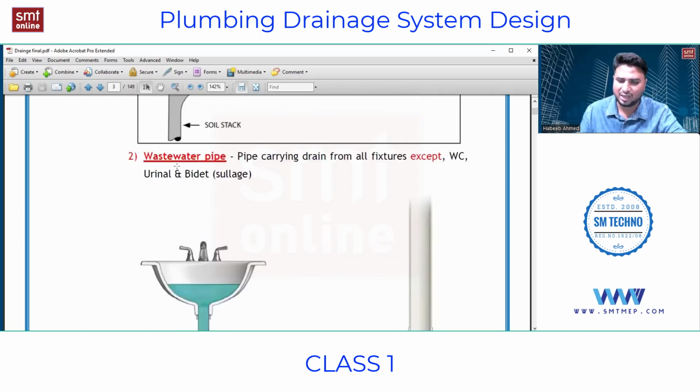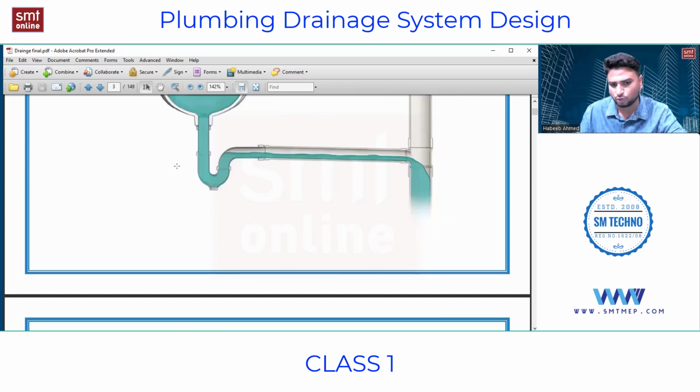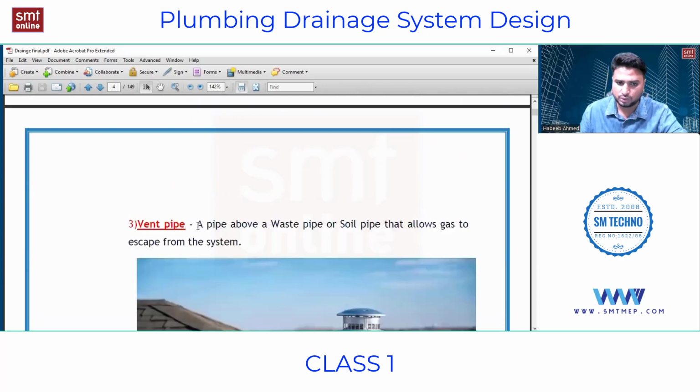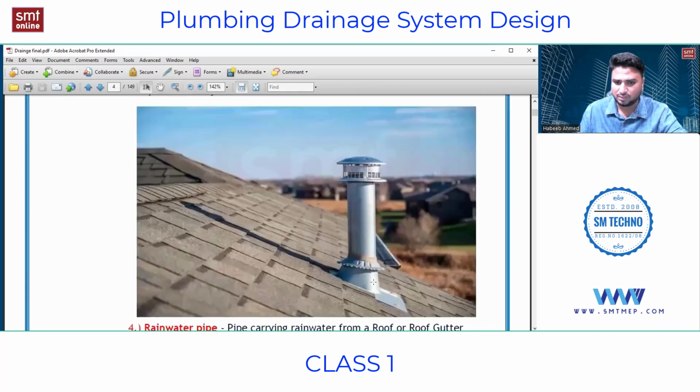So we have a vent pipe in terms of soil, in terms of waste, both. The same thing is mentioned over here, a pipe above a waste pipe or a soil pipe. Waste pipe here refers to the vertical pipe. Here it refers to the vertical pipe for the soil, that allows the gases to escape from the system.